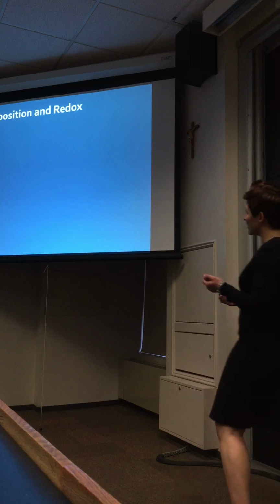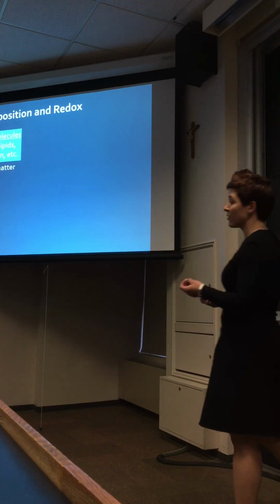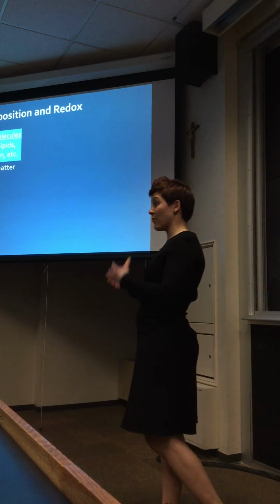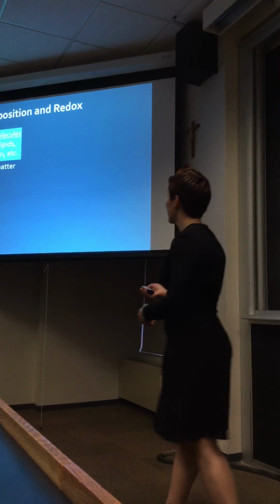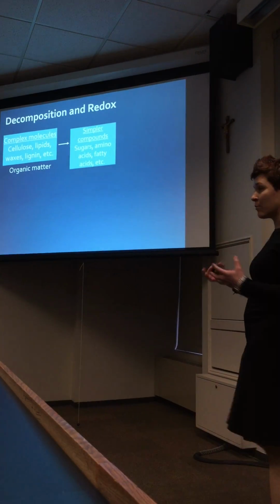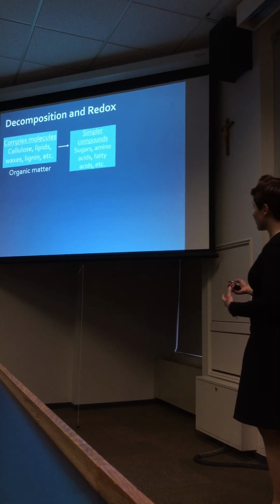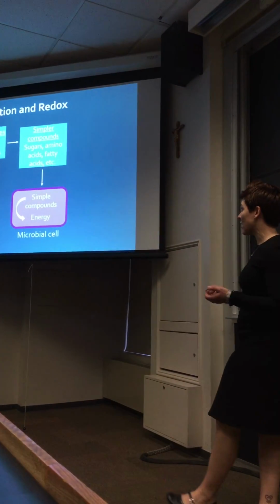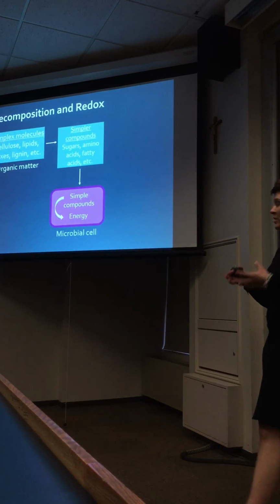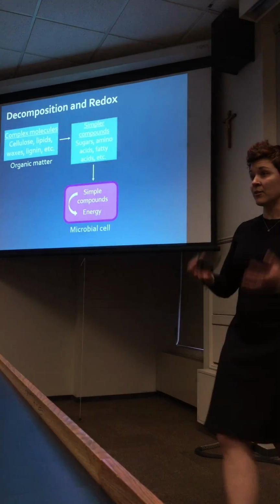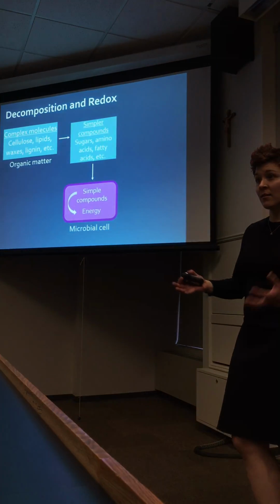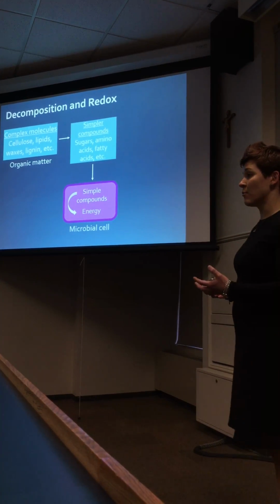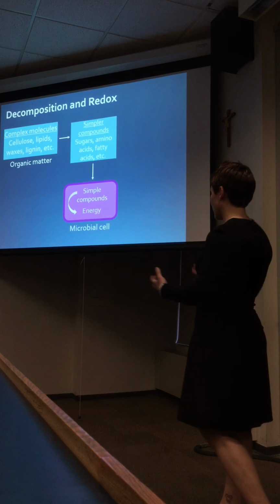If we look at decomposition at the cellular or chemical level, you can imagine complex molecules from those plants or organic matter being broken down into simpler compounds, something like sugar. Microbial organisms use those simpler compounds and the electrons from them to generate energy, or to make their living. When I talk about electrons, you can think of them as a type of currency, or again, making a living.